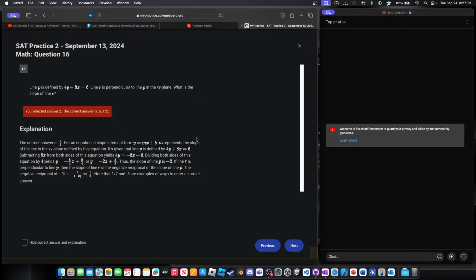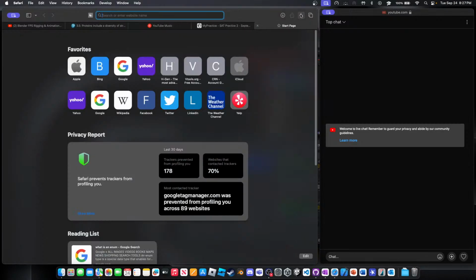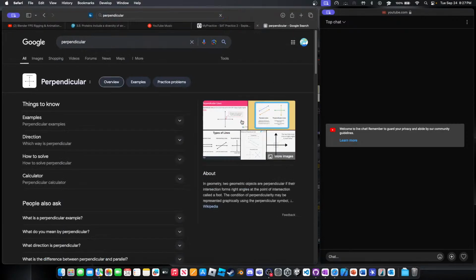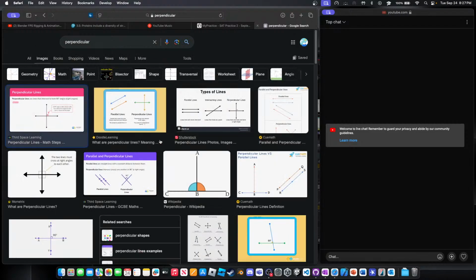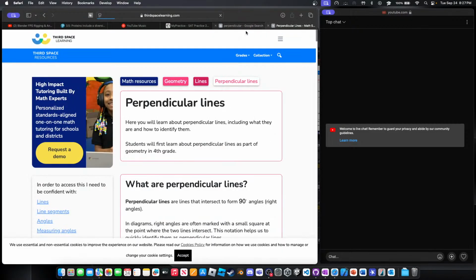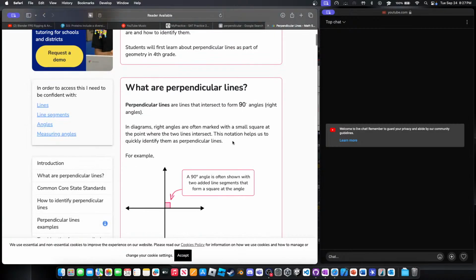Okay, so let's take note of this. So when something is perpendicular, it is where it forms 90-degree angles.